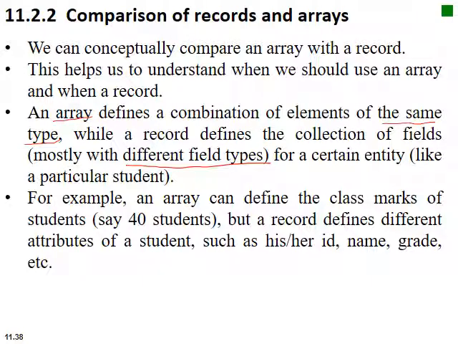Some of the types might be the same, but mostly the types of the fields may differ. Like the student example we saw. The student ID was an integer, the student name was a string, and the student grade was a character type.